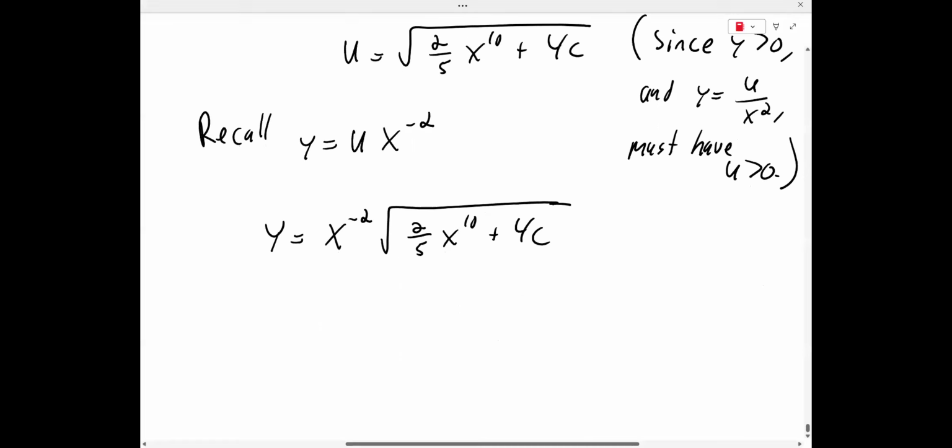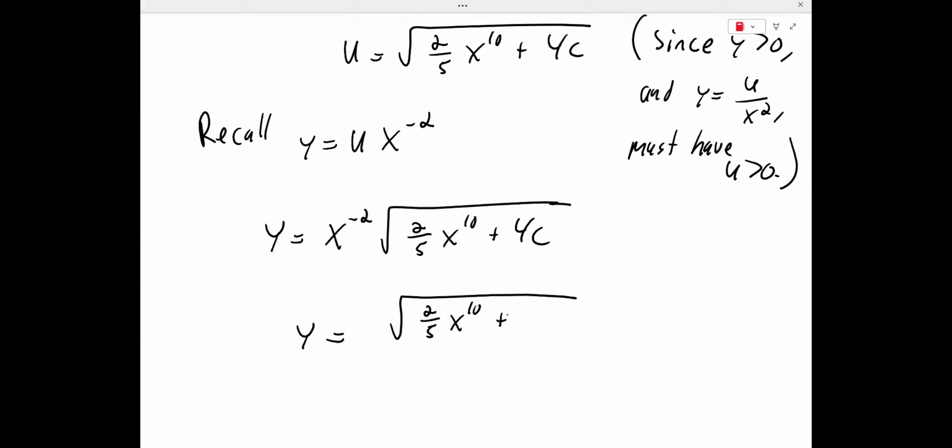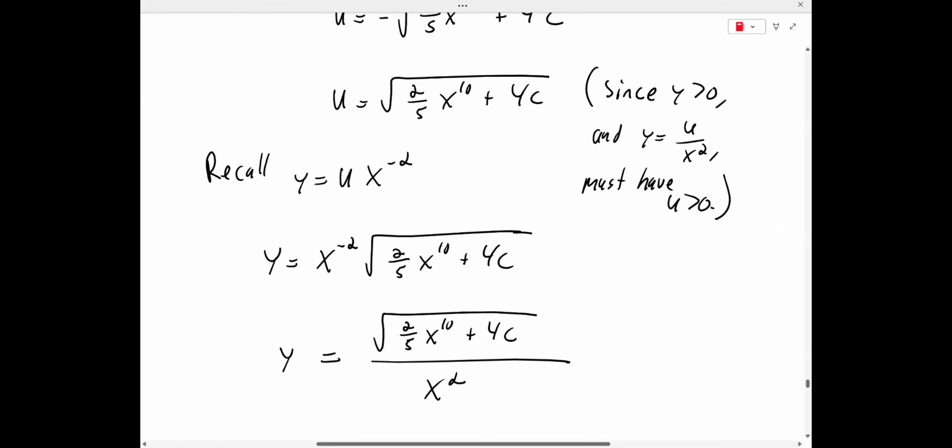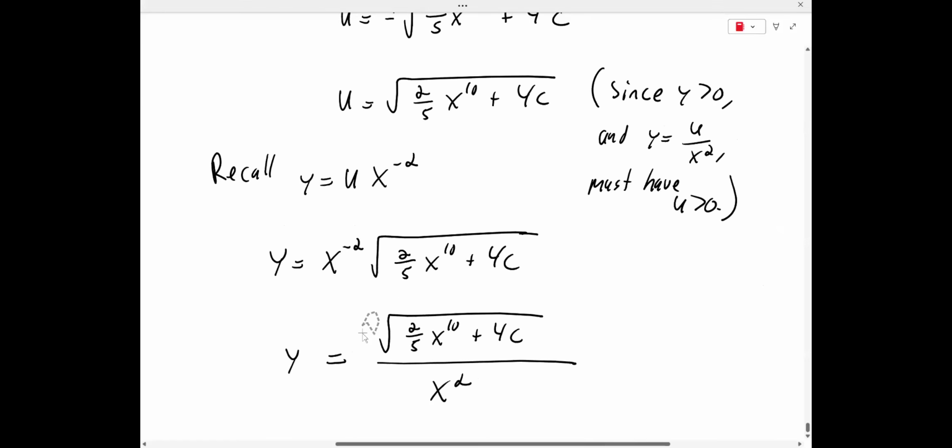Or in other words, I can move the x to the negative second down to the bottom. So this would be the function, assuming y is greater than 0, and it would look like this. Now, if you didn't have the greater than 0 part for y, then you would have a plus or minus in front of it.